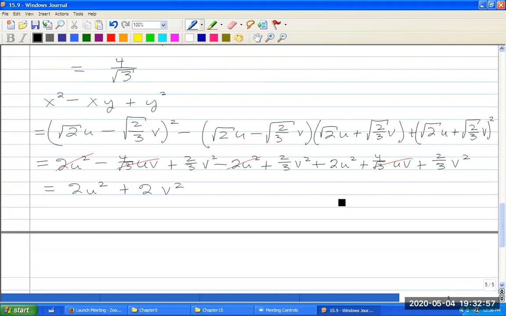So now, the ellipse in the UV plane, so in UV coordinates.